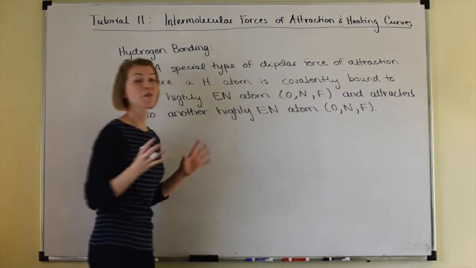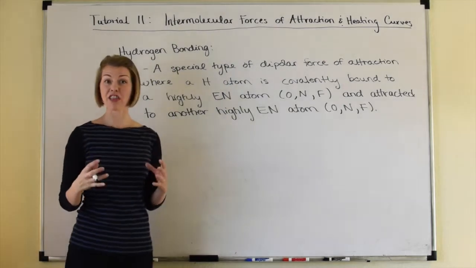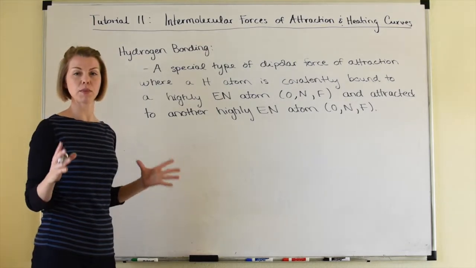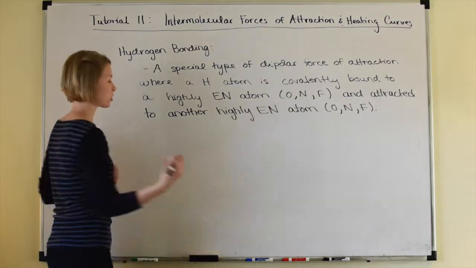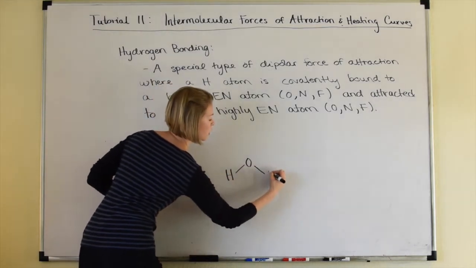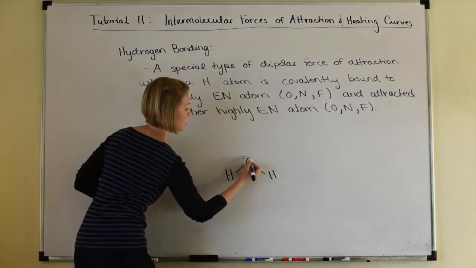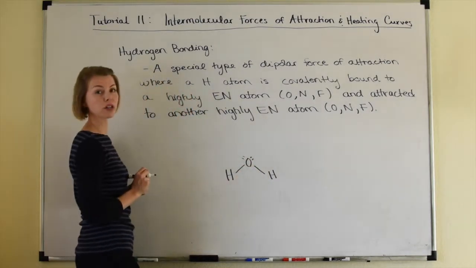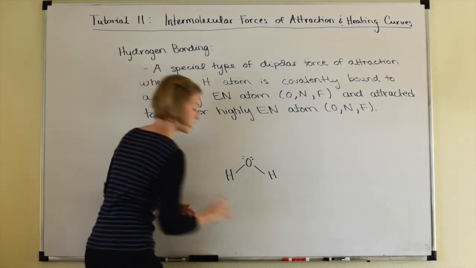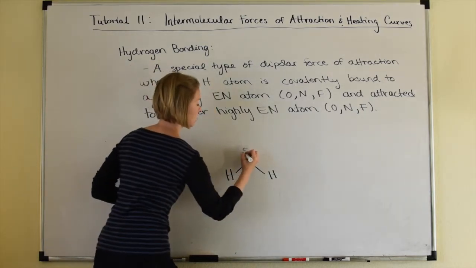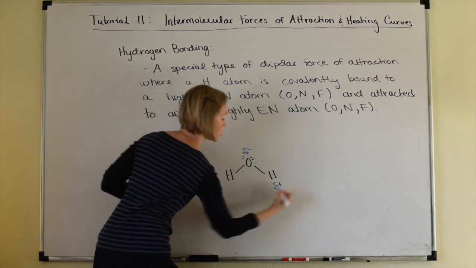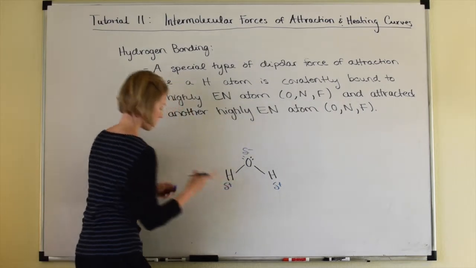Okay, so let's draw a picture to help us understand this better. Let's use water as our example. It's a great example of a molecular compound that's capable of forming hydrogen bonds. So I'm going to draw the Lewis structure. I'm going to draw it quickly because we already learned how to do that in a previous tutorial. You might remember that water is polar with a partial negative charge buildup on the highly electronegative oxygen, leaving the hydrogens partial positive.